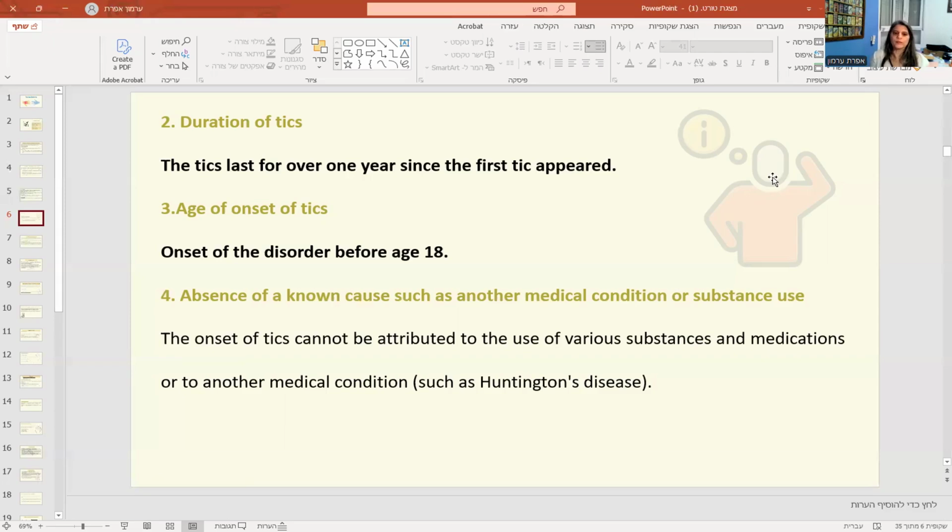We don't want them to belong to another disease like Huntington disease, or to medications that the man takes, maybe drugs or other medical conditions. So we have to make sure that it cannot be attributed to the use of these kinds of substances or diseases.